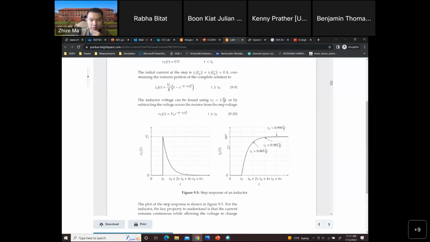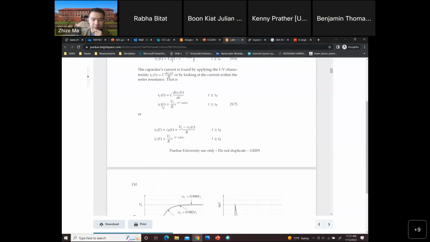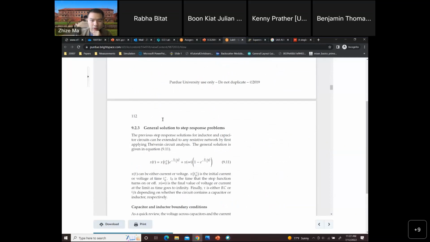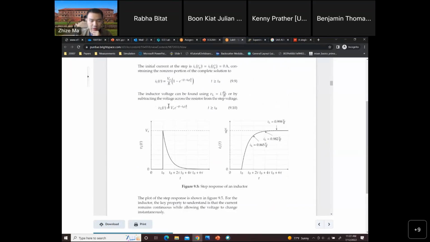This is not too hard to understand, because essentially a capacitor is two metal plates. When you start charging them up, at the end it will be like an open circuit, so the voltage will be very close to Vs. It's never going to charge to exactly Vs, but it will be very close.